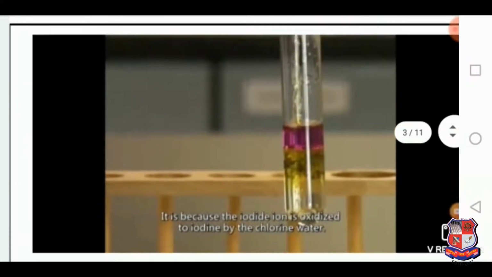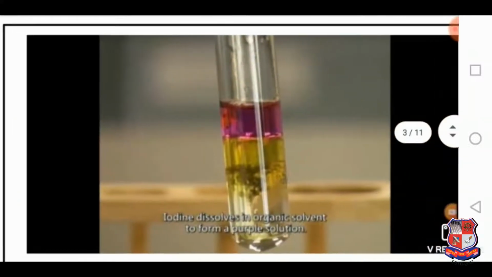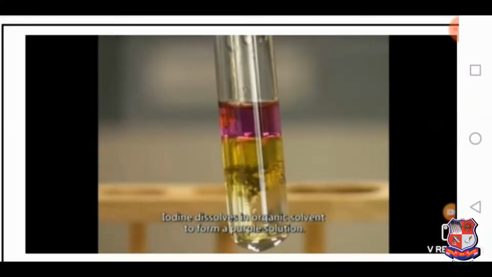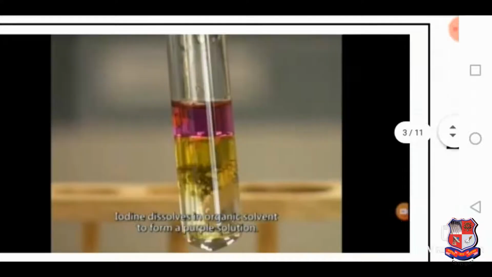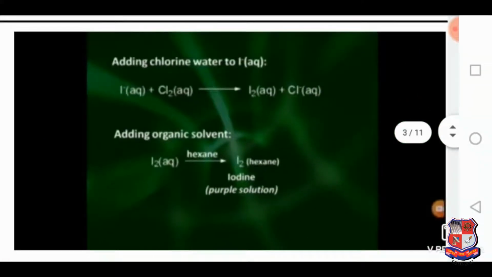It is because iodide ion is oxidized to iodine by chlorine water. Iodine dissolves in organic solvent to form a purple solution. This is a reaction of iodide ion with chlorine water, and upon addition of organic solvent, the purple color solution is obtained.